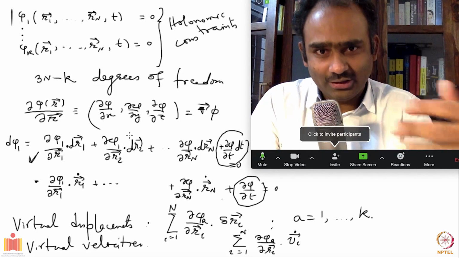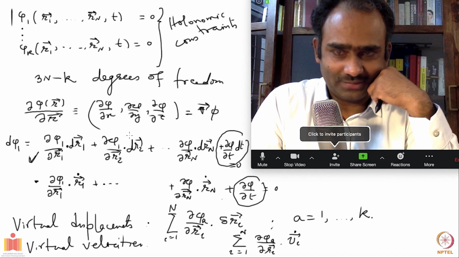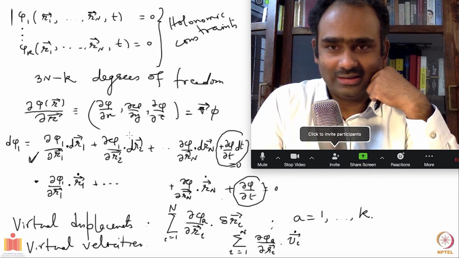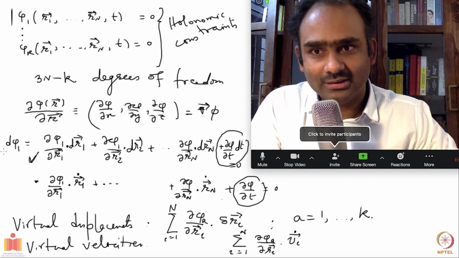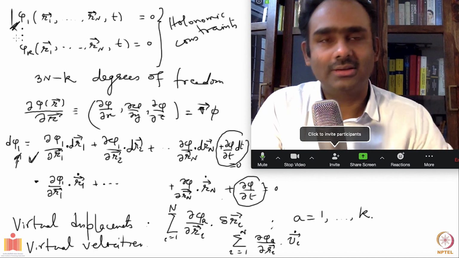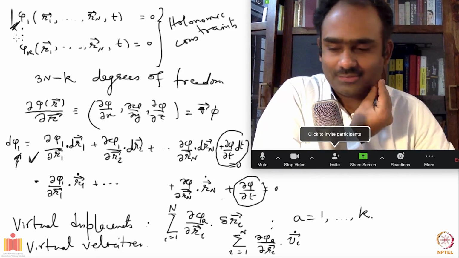Okay, so they will not be holonomic constraints, and that is why for your constraints to be holonomic, and if they are written in differential forms, you should be able to find integrating factors which can turn these ones into these ones. Okay, so let's say we are given holonomic constraints.